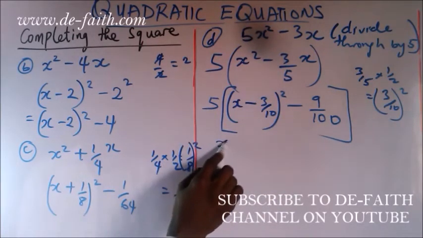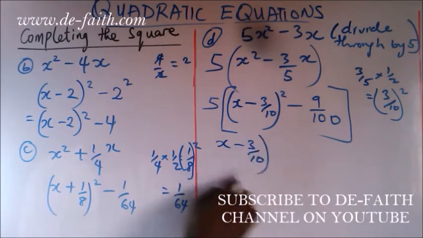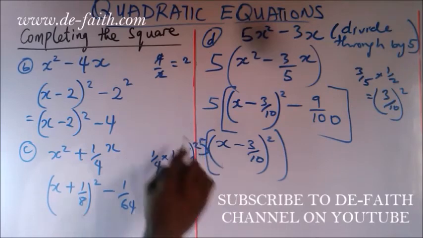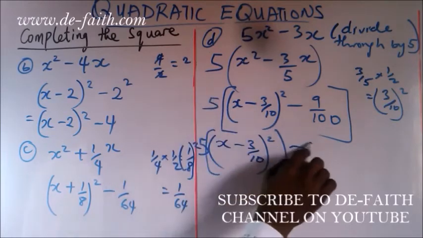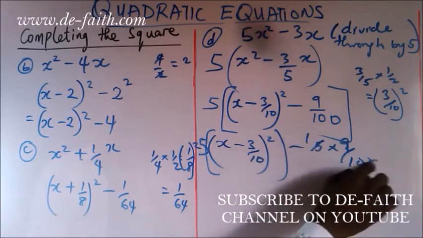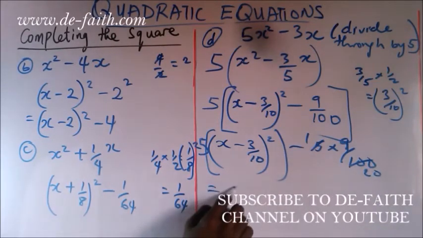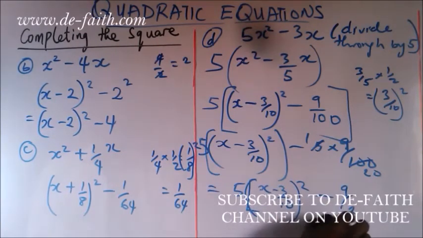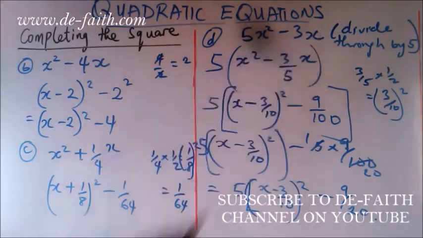So we'll have 5 outside, (x minus 3 over 10) all squared, then minus 5 times 9 over 100. So 5 into 100 is 20. So our final answer is 5 into bracket (x minus 3 over 10) squared minus 9 over 20. This is the complete form of this quadratic expression.